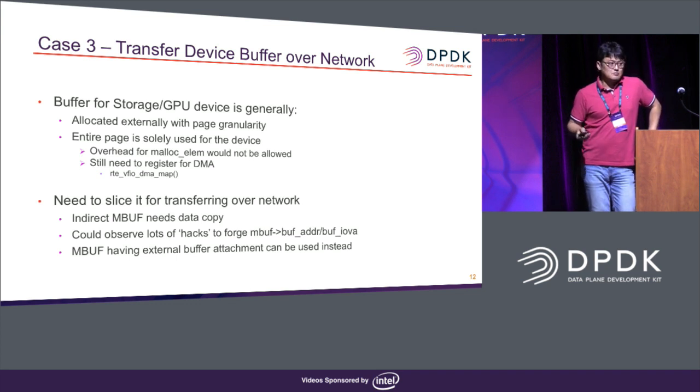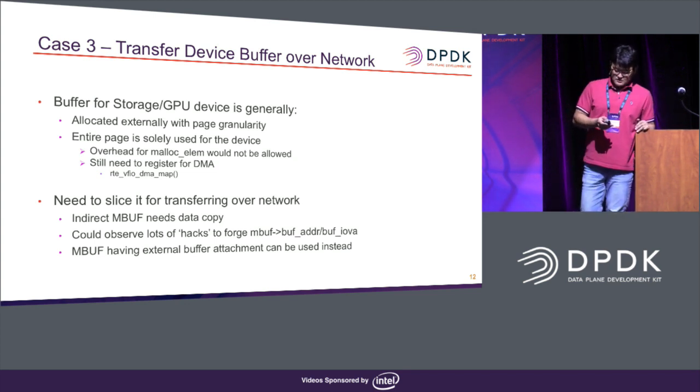But sometimes storage or GPU type applications don't want that kind of overhead, and they just want to use their externally allocated pages as is, not having the overhead of the malloc element, because they don't want to use any malloc API for that external memory.